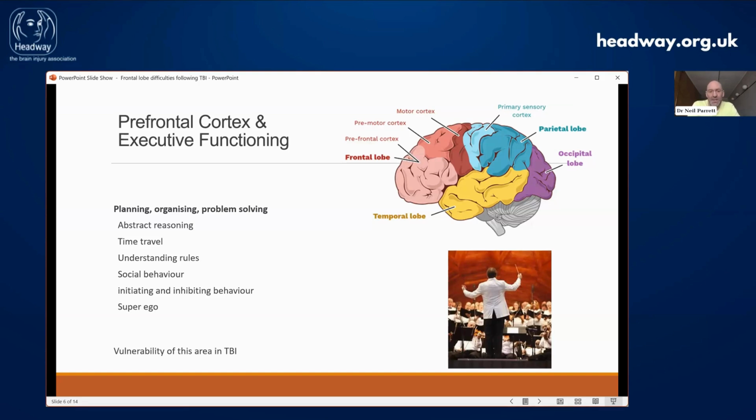And I guess the other point about the frontal lobe is that it is right here, right at the front. It is the main area that often gets hit in a trauma, particularly in car accidents, but also in assaults.